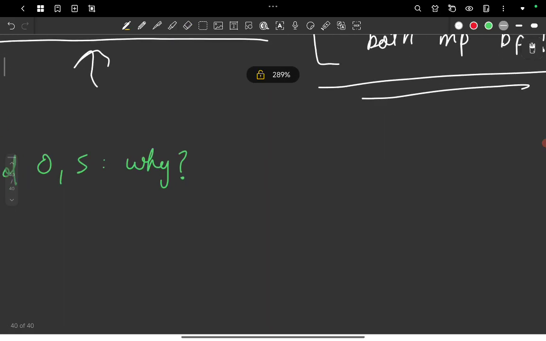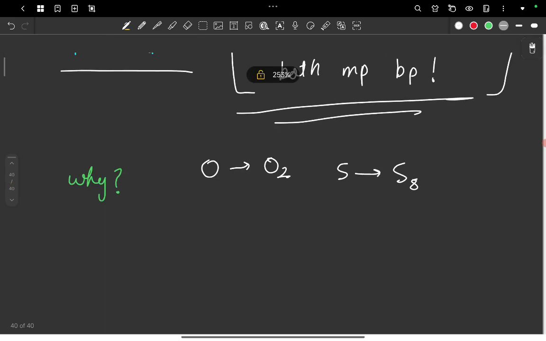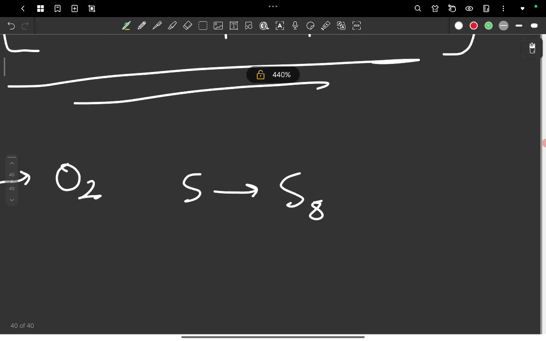This happens because oxygen exists as a diatomic molecule, which is O2, but sulfur exists as a crown, like S8. It exists as an octaatomic molecule, and its structure even looks like a crown.